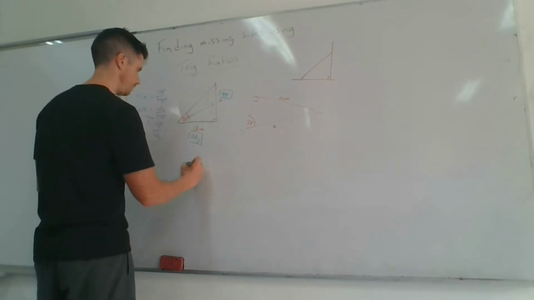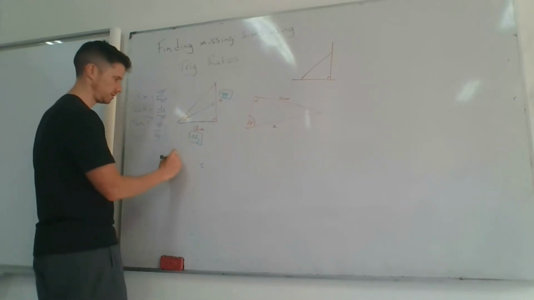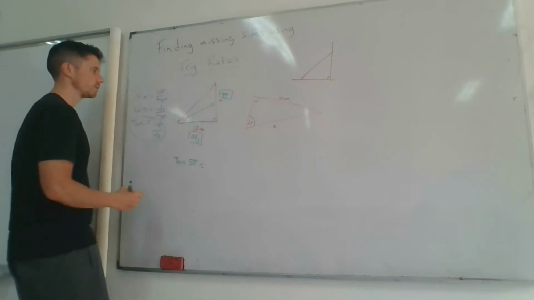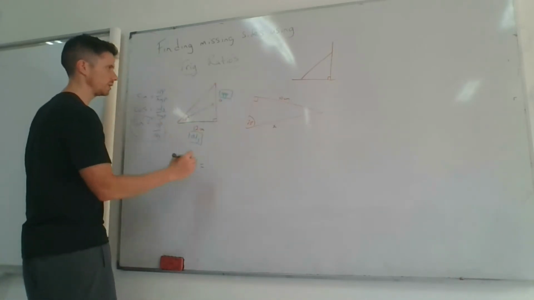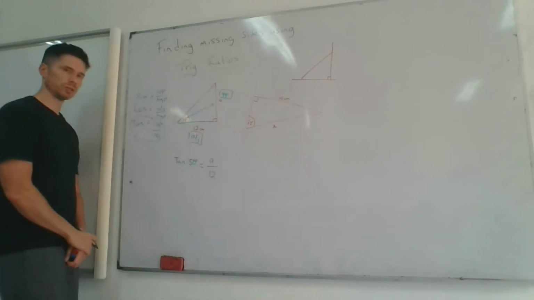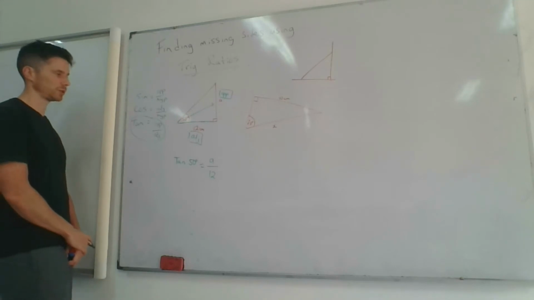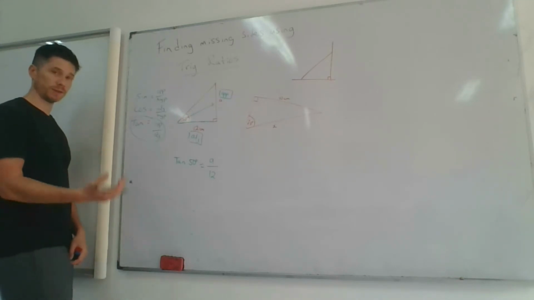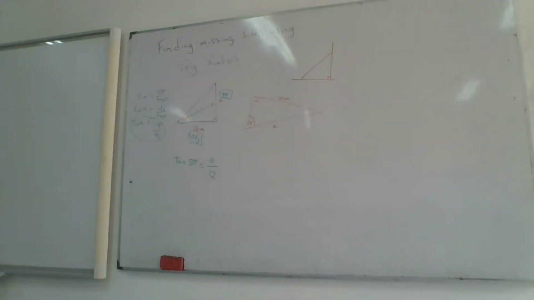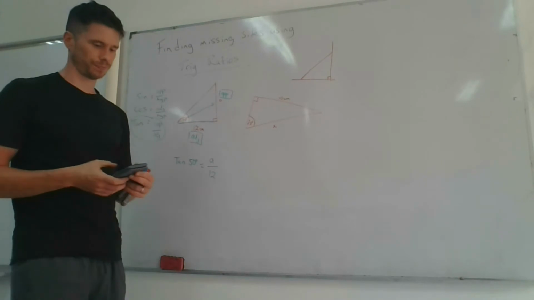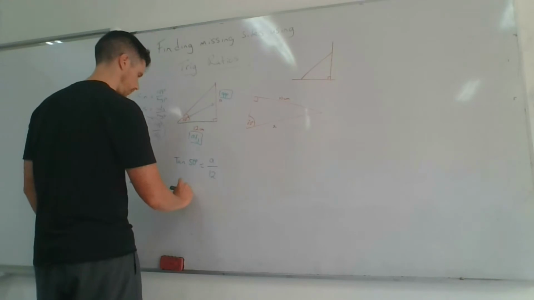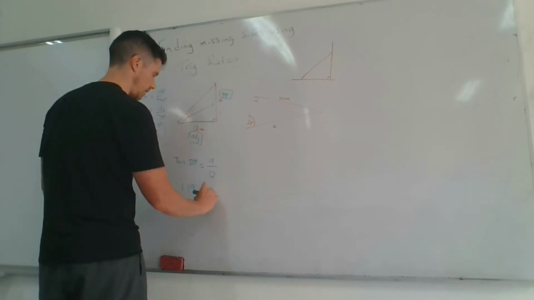So the tan of the angle, 50 degrees, is equal to the opposite divided by the adjacent. So you've set up this equation. Now, tan 50 can be got from calculator. It's going to give us a decimal answer. Tan 50 is 1.19, and that is equal to A divided by 12.